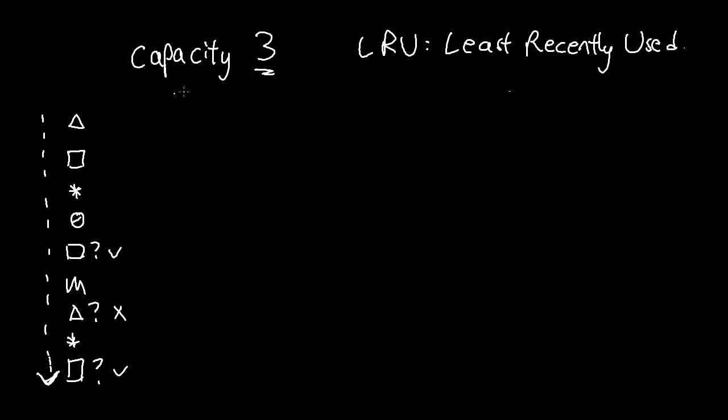So assuming we have a capacity of 3, and this is like a series of puts and gets, it's a little bit of a spoiler, but so we come in and we want to put in a triangle in our cache, and then here, we'll say that going this way is from least to most recently used.